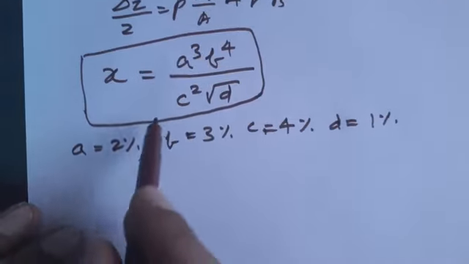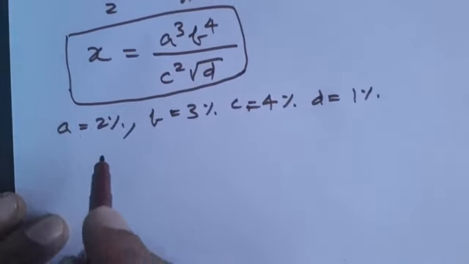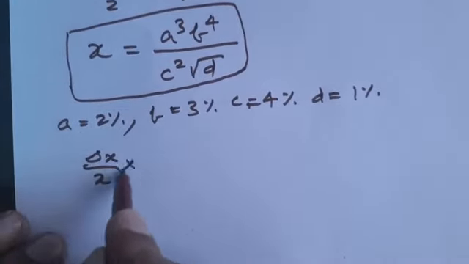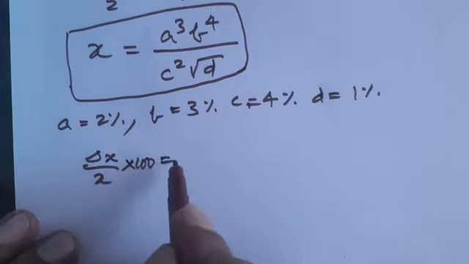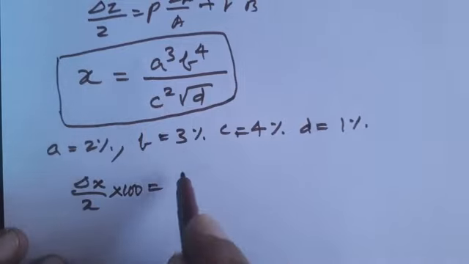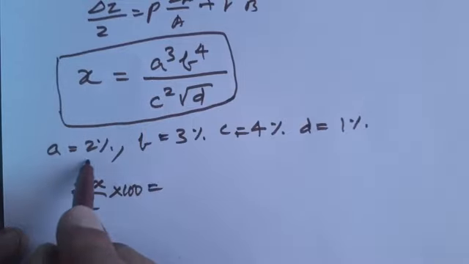So percentage error for this case is delta X by X into 100 equals, what is the power here? 3 into delta A by A into 100. This is already expressed in percent.